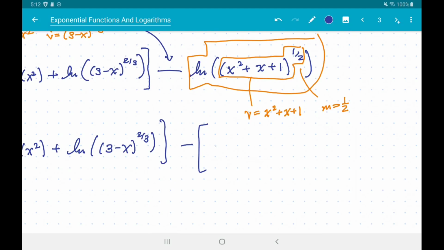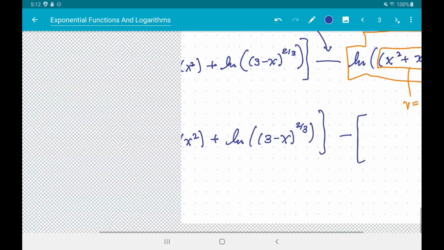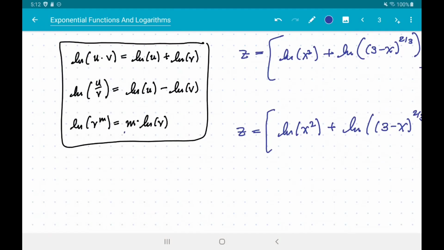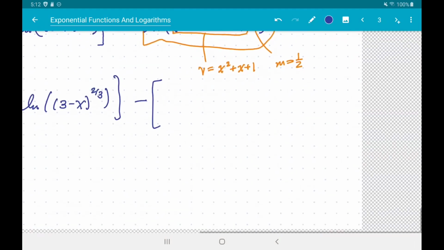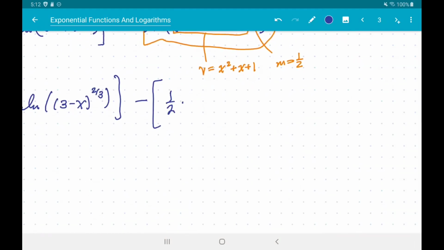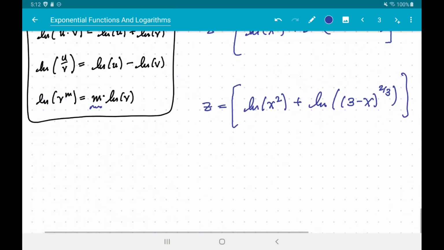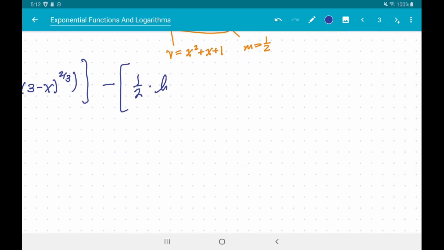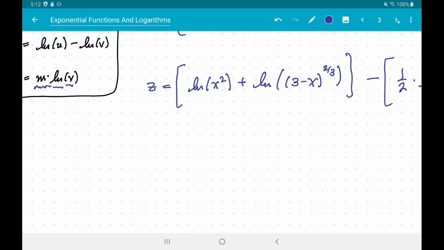Okay, let me look back here at the rule and show you, I need to write the m times ln of, and then replace that v.